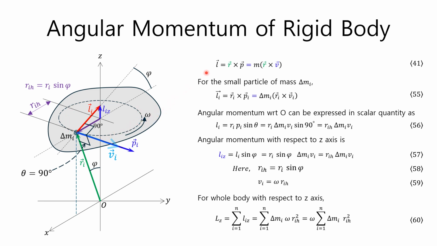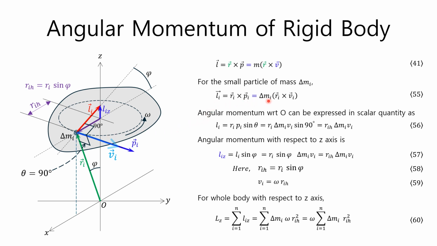From the previously derived angular momentum L of the point mass, equation 41, in a coordinate system with the origin O as shown in the figure, the angular momentum vector Li for a point mass delta mi in the rigid body can be expressed as equation 55.